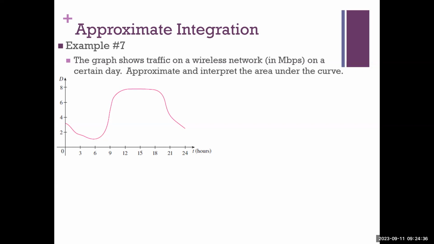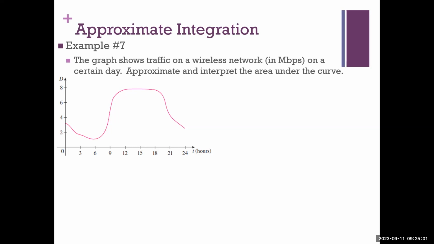On the x-axis, we have time, divided up into increments of 3 hours for an entire day. And on the vertical axis, I have the amount of data that's being either downloaded or uploaded on a network in megabits per second.